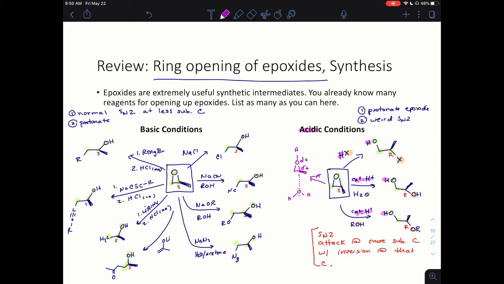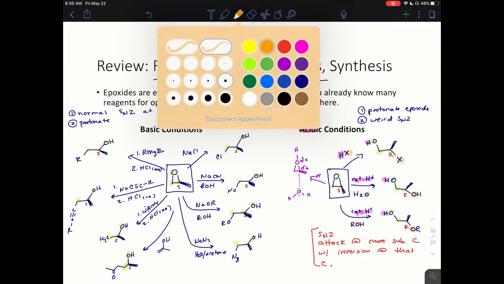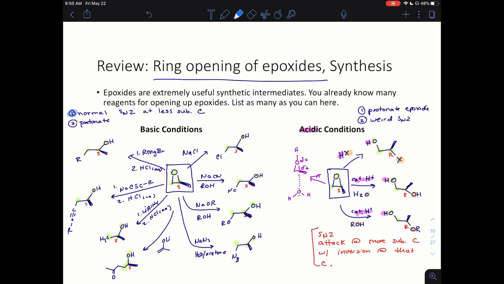S to R. Now, under basic conditions, there are really good nucleophiles or decent nucleophiles, and they will just attack first, in what we have referred to as a normal SN2 reaction. So a normal SN2 reaction, which will happen at the less substituted carbon. So the new bonds formed are these bonds.